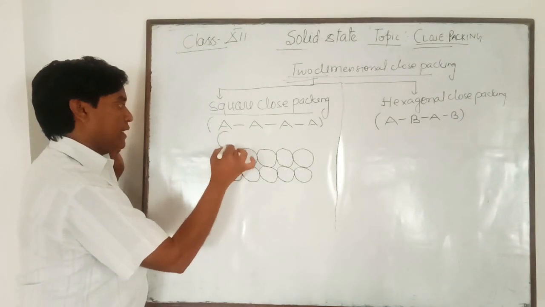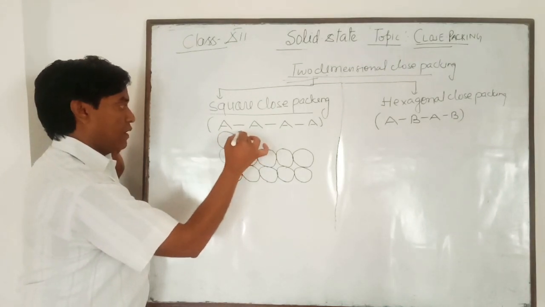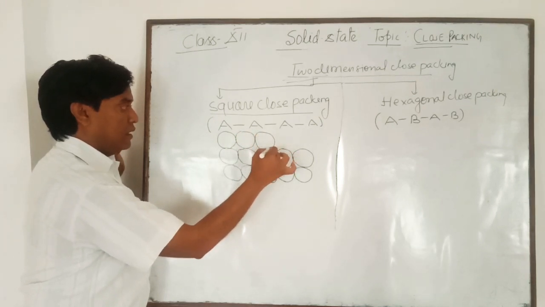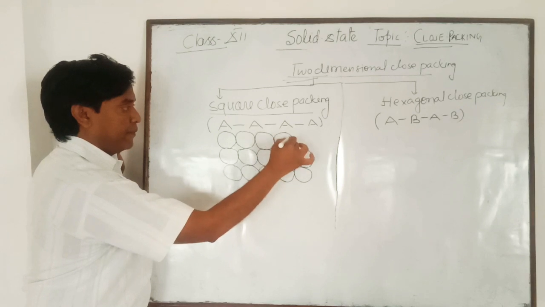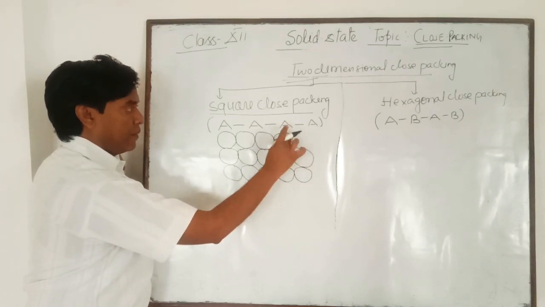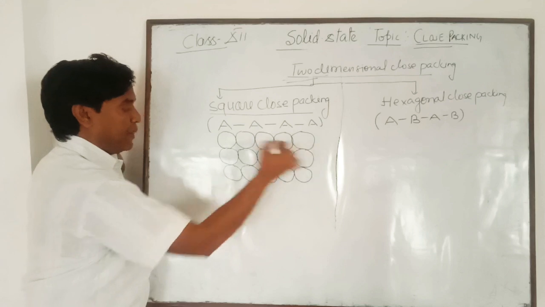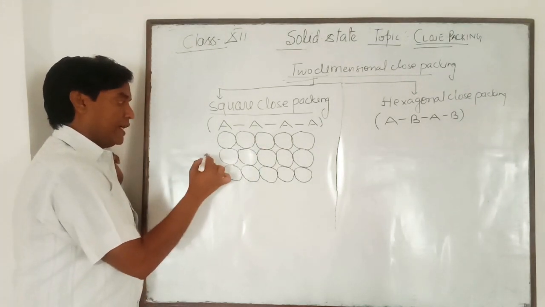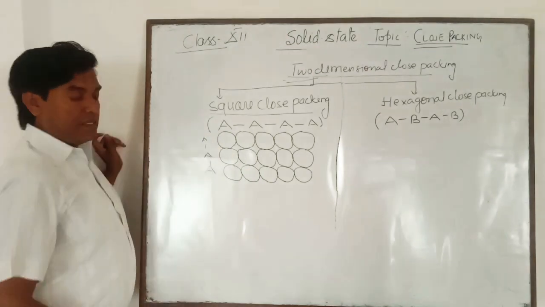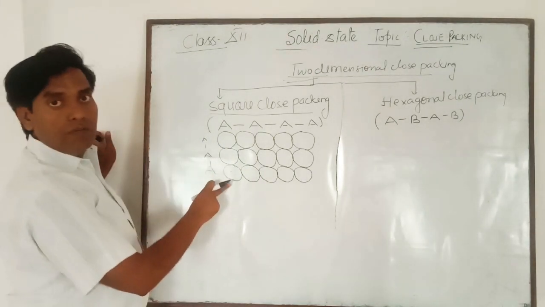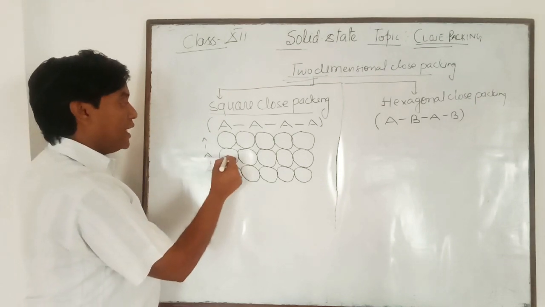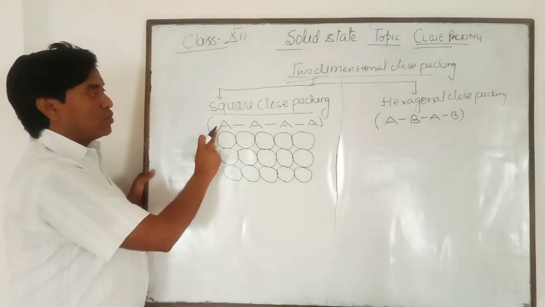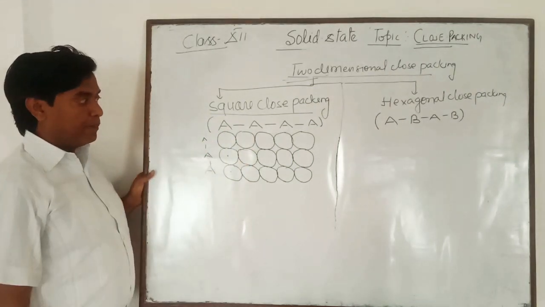And the third row is there. This is AA type packing. But why is it known as AA type packing? See side A, that is A and A. It means the center of a sphere of one layer lies vertically with the center of the sphere of the other layer. That's why this is known as AA type of packing.